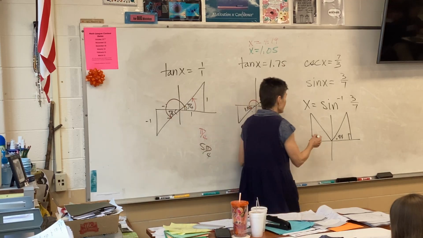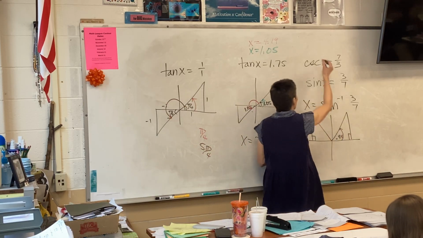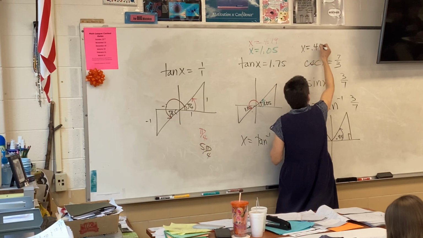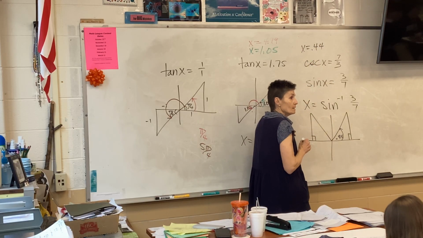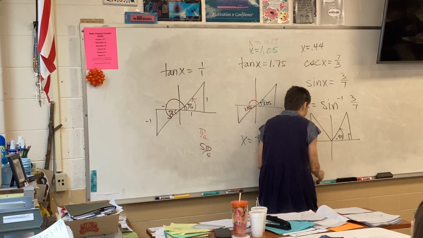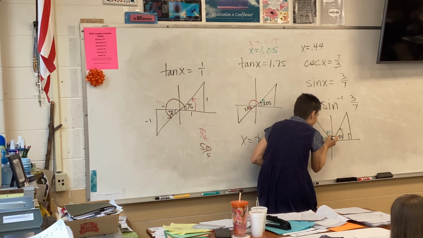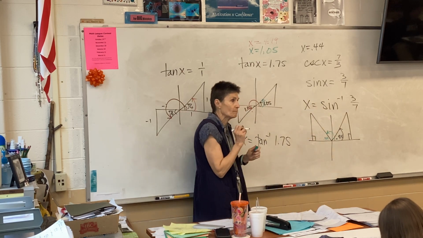So this answer right here is 0.44. Now, we need the other one, pi minus that angle, which is all the way over to here. Now, this is also 0.44. Remember, those angles are the same.